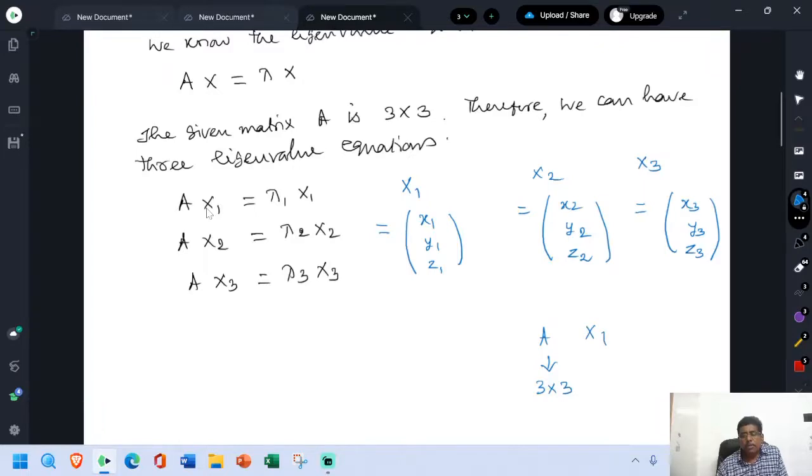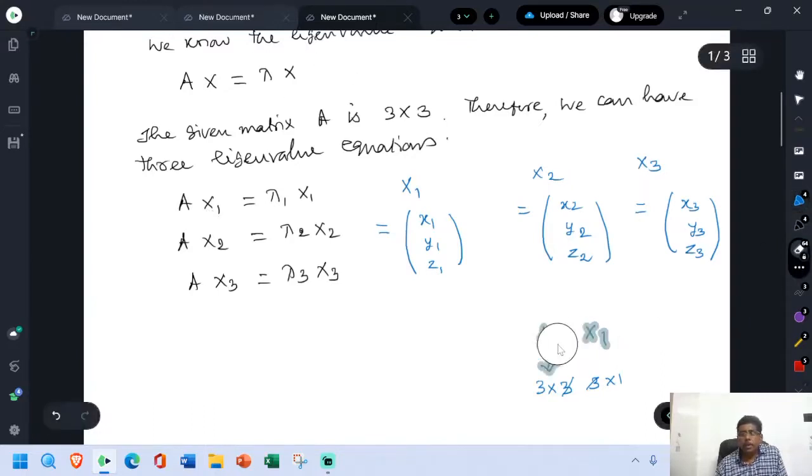So x1 should start with 3 rows. Then only the multiplication is possible. 3 cancelled out. The order of x1 is 3 by 1. See here, it has 3 rows and only 1 column. It is a column matrix with 3 elements. In that way we have chosen x1. x1 equal to small x1, small y1, small z1. In the same manner, x2 equal to small x2, small y2, small z2. x3 equal to small x3, small y3, small z3.